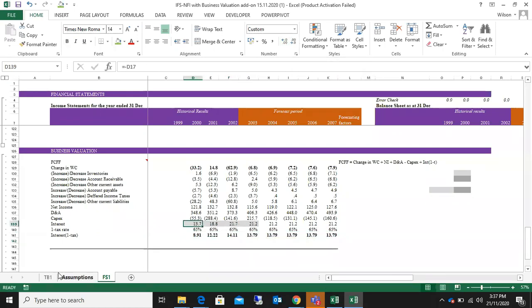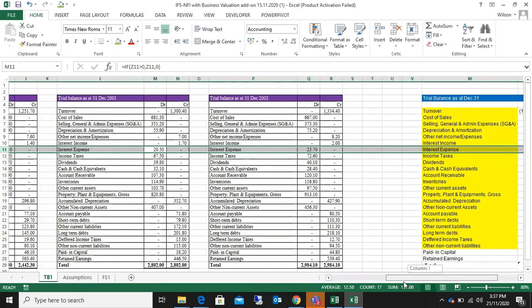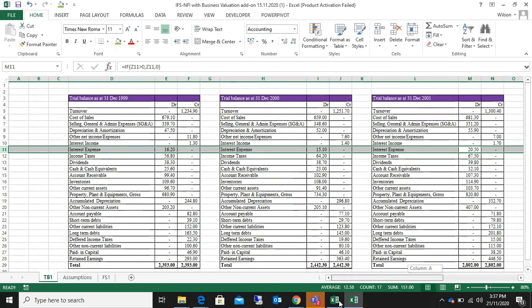Something is coming up to me here. If we look at the trial balance, the trial balance actually has interest expense and income separately.